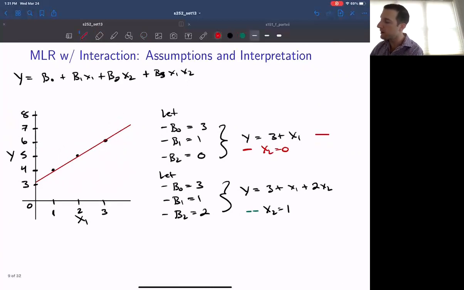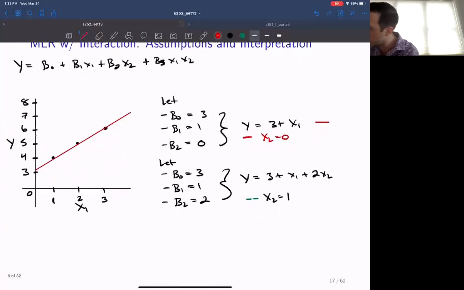However, if we're considering interaction, when we let x2 equal to 1, right, we now have, okay, and then we got to set up beta 3 here. So beta 3 is equal to 2 as well.